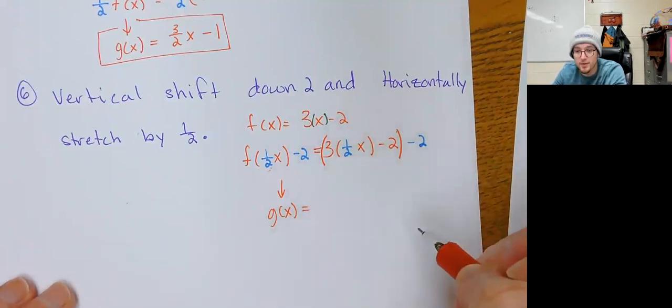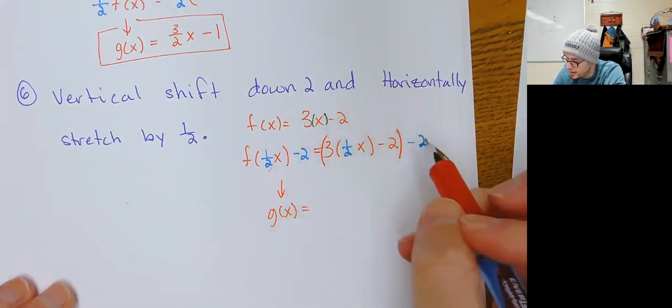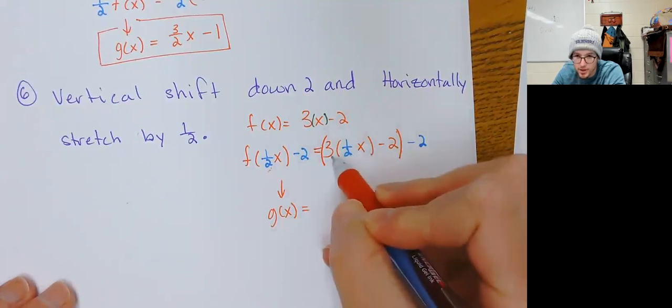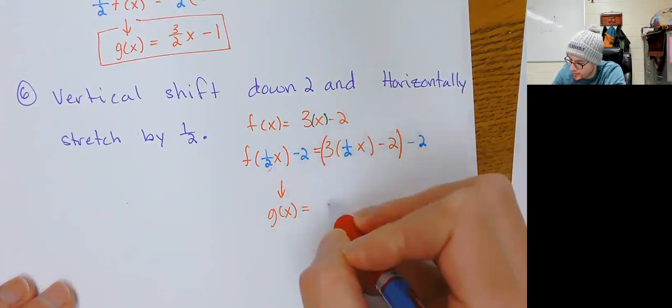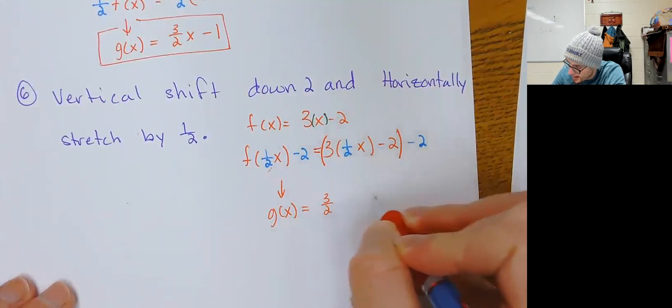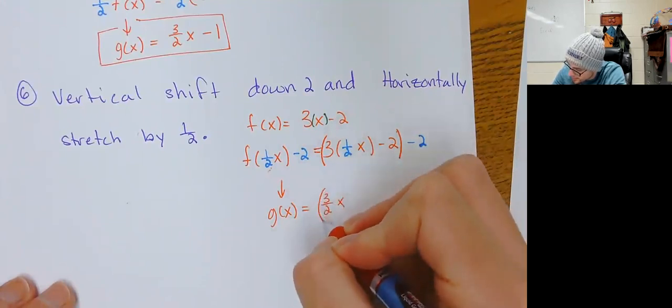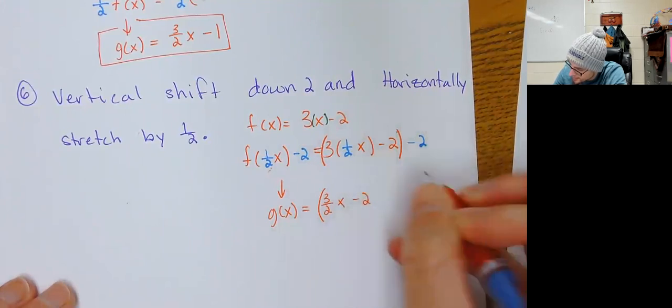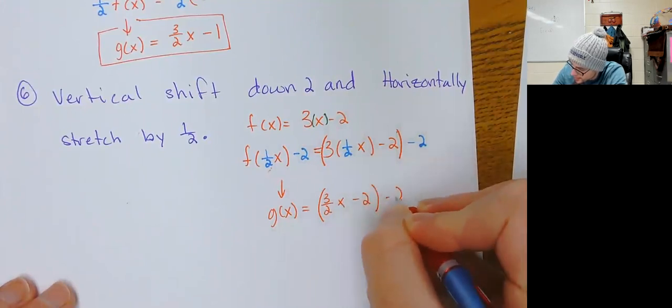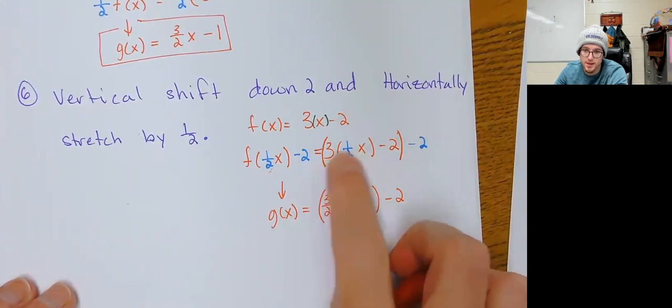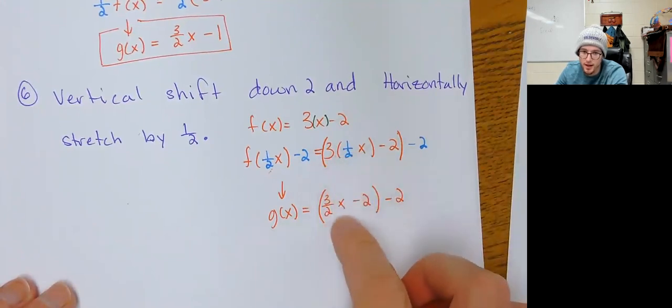And now we need to simplify the heck out of this stuff. So what is 3 times 1/2? Well, that's just 3 halves x. So I'm actually going to keep this parenthesis up, and then minus 2, and then minus 2. So I did one step. I did 3 times 1/2 x, which is just 3 halves x. Okay.